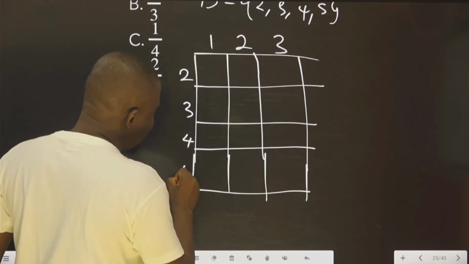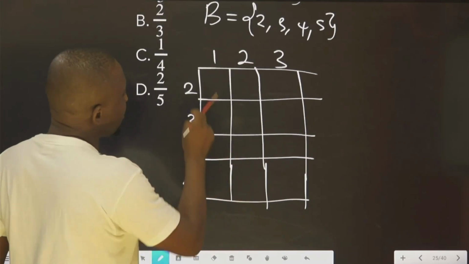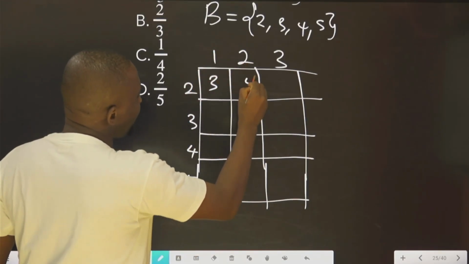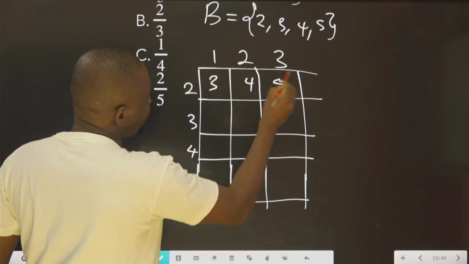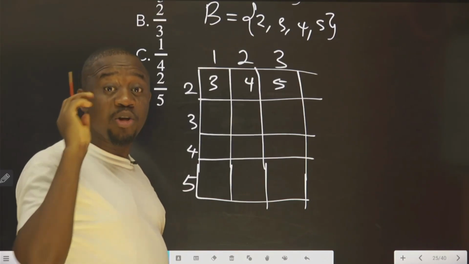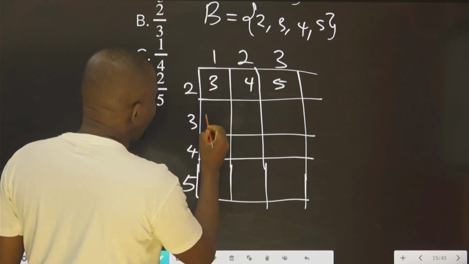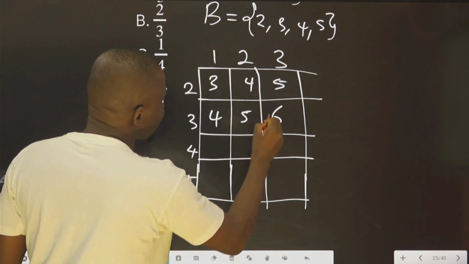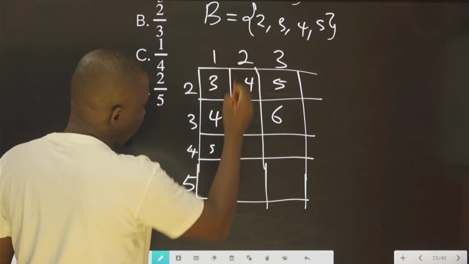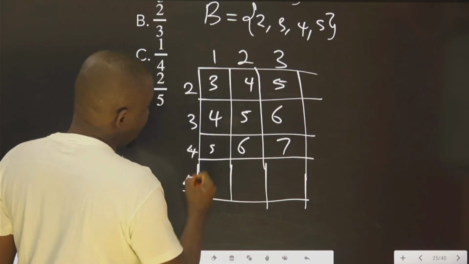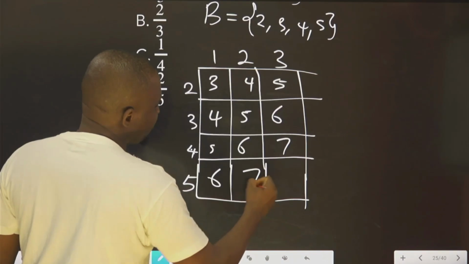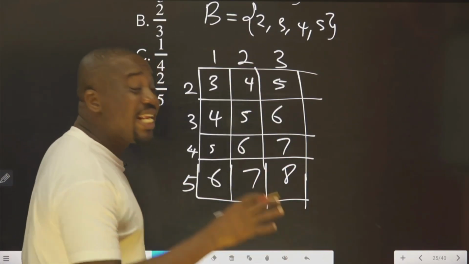The reason why we are doing this is so that we can be able to sum them. This plus this is 3, this plus this is 4, this plus this is 5. We are summing all the possible summations. This will give us 4, 5, 6. This will give us 5, 6, 7. To give us 6, 7, 8.